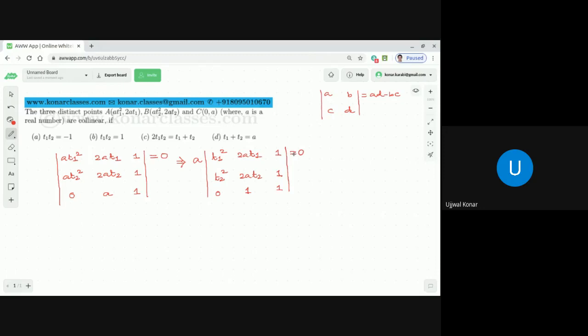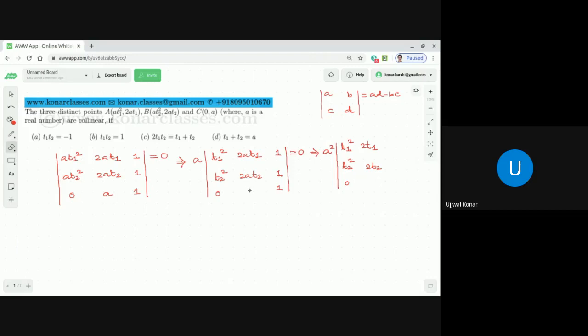Now further we can take a common from the second column. So if we take a common from the second column, then what we'll get? We'll get a², correct? t1², t2², 0, then 2t1, 2t2... I'm sorry, I made a mistake here.